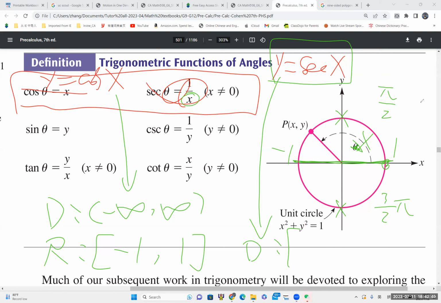So that means it can be written as n pi minus half pi, then n pi plus half pi, where n is any integer. Anyway, this looks a little bit complicated, right? But I suppose in the coming future we will talk more on this.